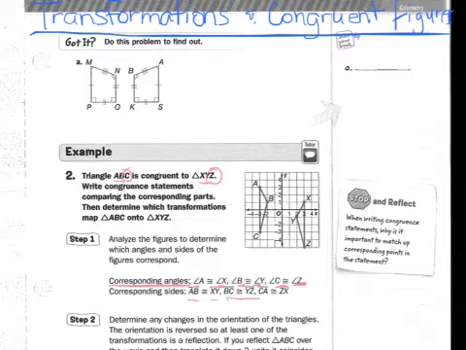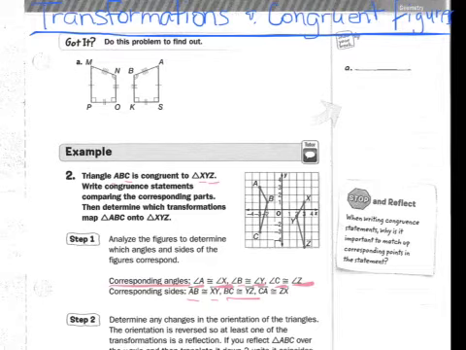And then, because a triangle has 3 sides, you're going to have to do the last letter and the first letter. So CA is congruent to ZX. So that's how you determine which angles and which sides are congruent to each other.